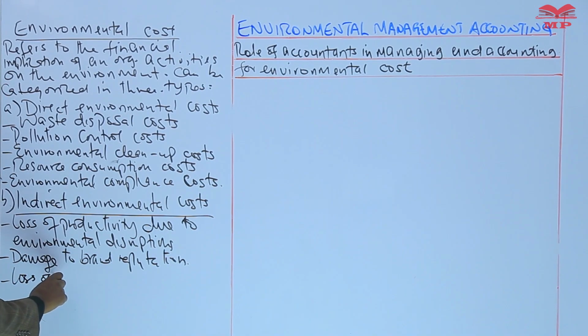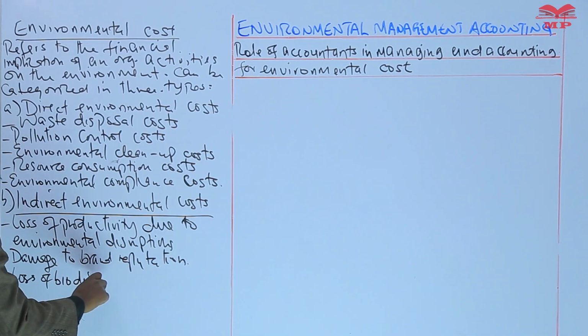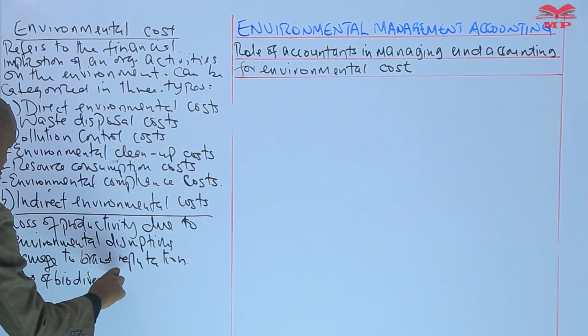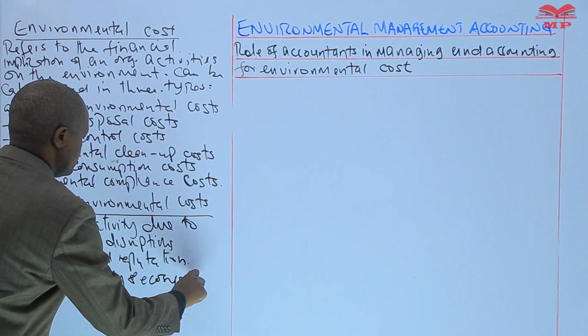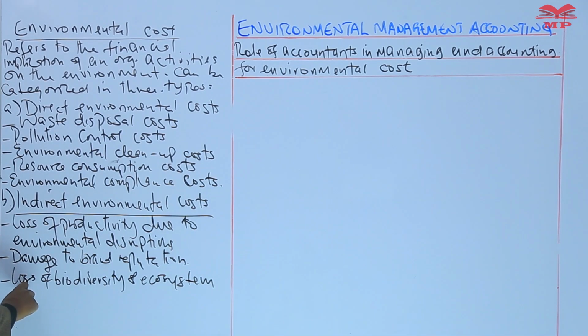Number 3, loss of biodiversity and ecosystem services. This is an indirect environmental cost, and these are costs associated with the depletion of natural resources. These are costs that are associated with the loss of ecosystem services that support human life and well-being.